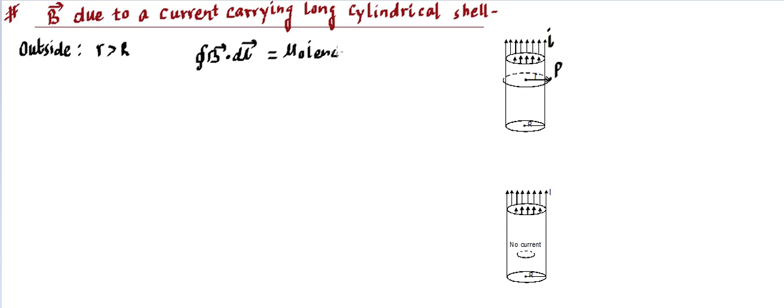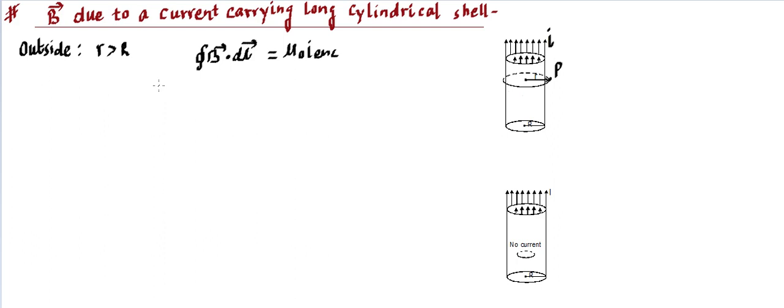So that's what we are going to apply. Since it's long, it's going to be symmetrical as well, and because of that symmetry we will find the magnetic field will be circumferential, or you can say tangential, and the total current enclosed is going to be I as per this.